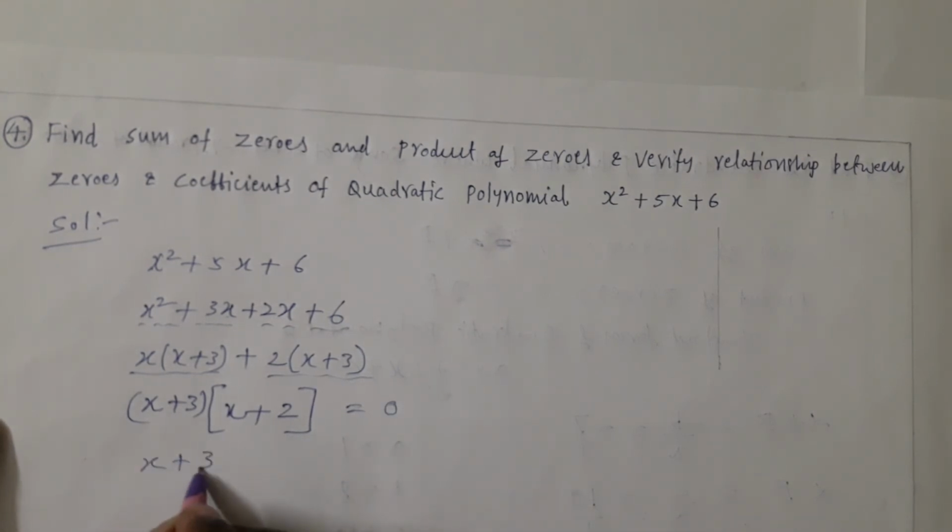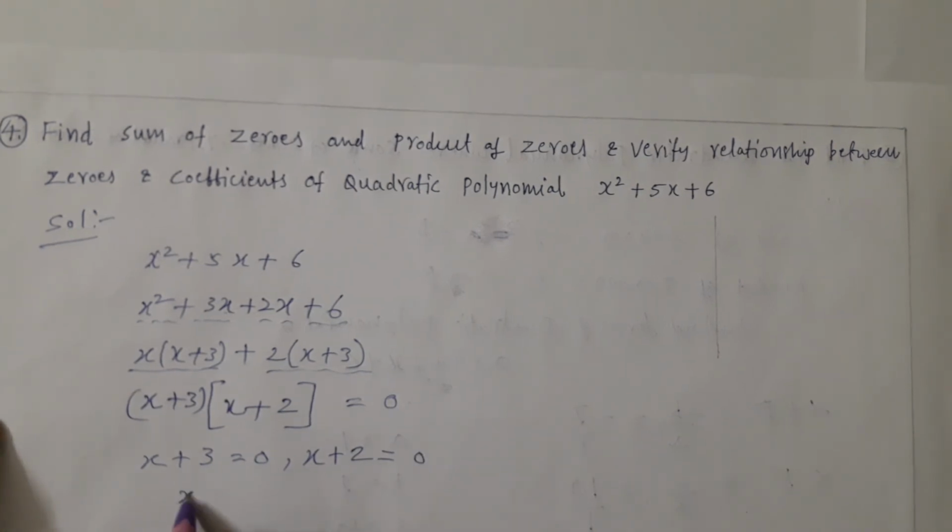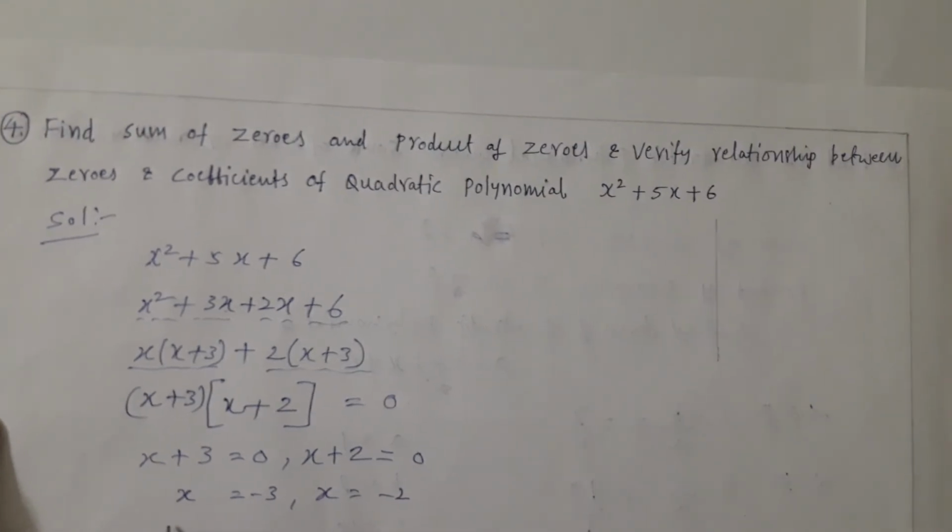X plus 3 is equal to 0. X plus 2 is equal to 0. X is equal to minus 3. X is equal to minus 2. Therefore alpha is equal to minus 3, beta is equal to minus 2.